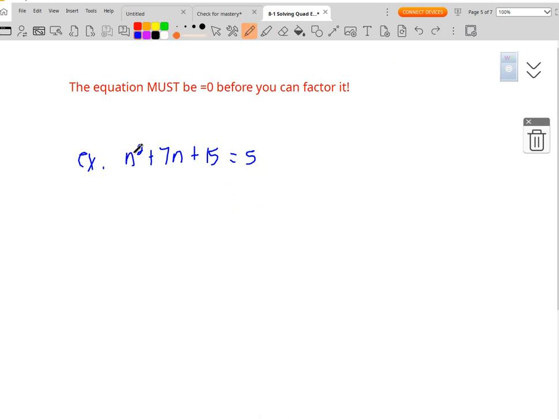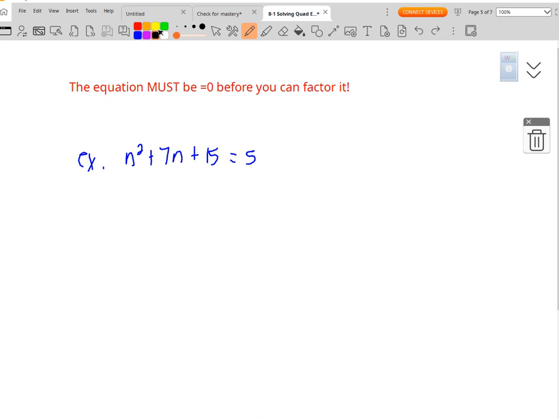Quadratic equation, there's n squared here, but it's not equal to 0. What do you think we could do to get it equal to 0?